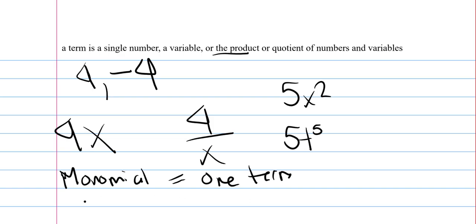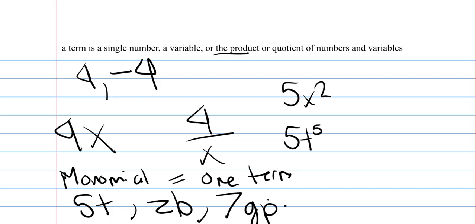It can be denoted as 5t, 7b, or zb, which is still a single term, but it should be lowercase letters. Another one would be 7qp. It can be a monomial.